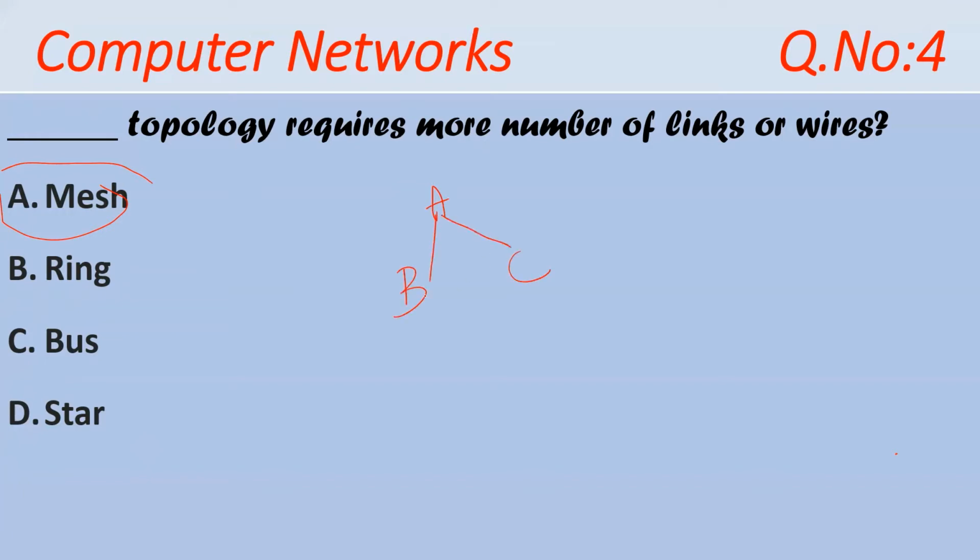There will be communication between every other device. So A is connected to B and C, B is connected again to A and C, and C is connected to A and B. So this is an example of mesh topology. And here you can see that the number of links and wires are more compared to the other topologies. So the answer is mesh.